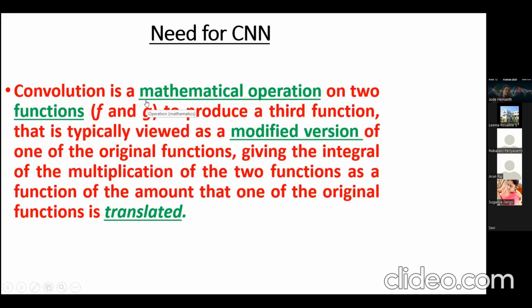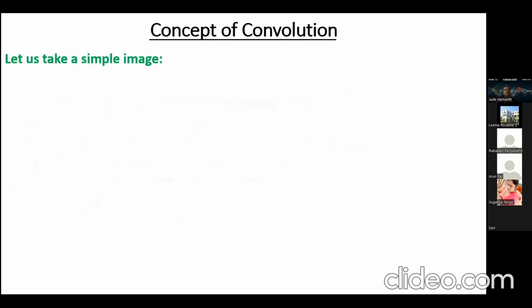When I say modified version, I think maybe the position may be changed. So instead of myself writing 8 in different positions, if I use convolution, it itself will give the original image in different versions so that my machine can take a better decision. This is the main objective of going for convolution.